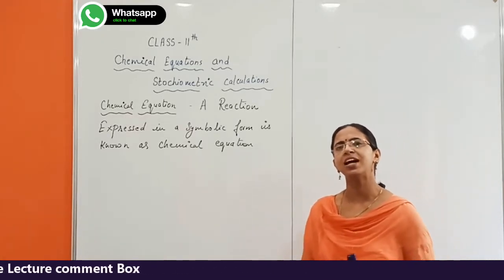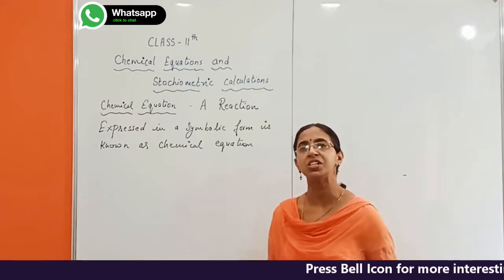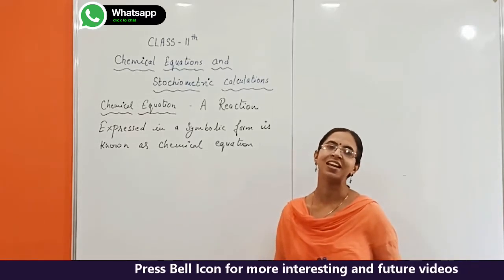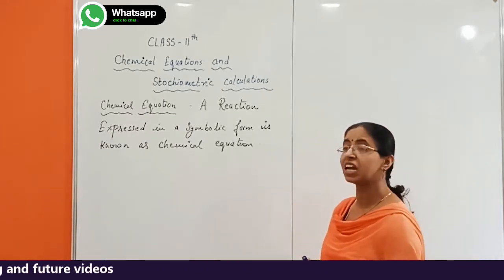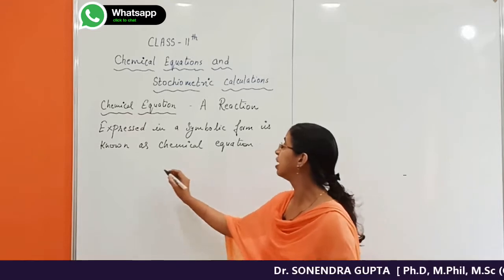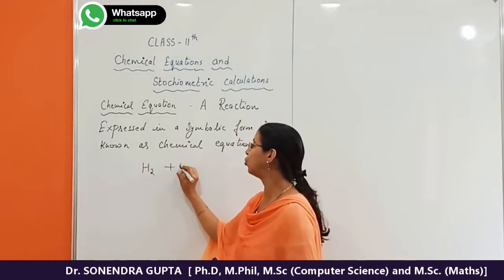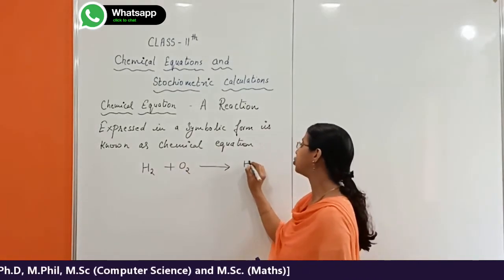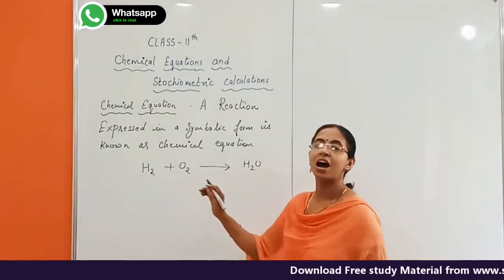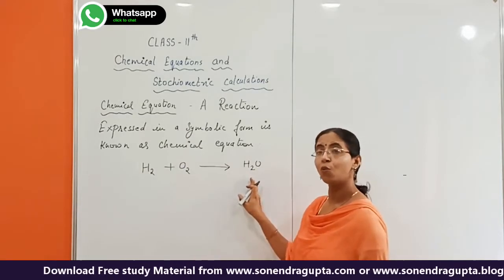Now you know that the very basic requirement to write a chemical equation is that it should be in a balanced form. Means if you are writing an equation like this, H2 plus O2 gives H2O. Means when hydrogen and oxygen combine, they will give you water.